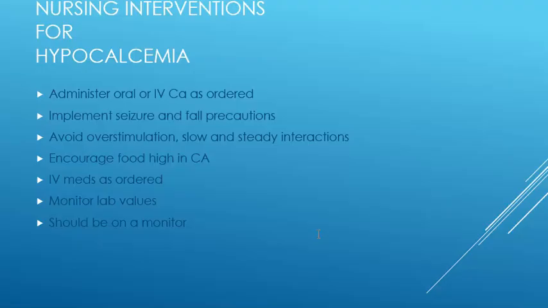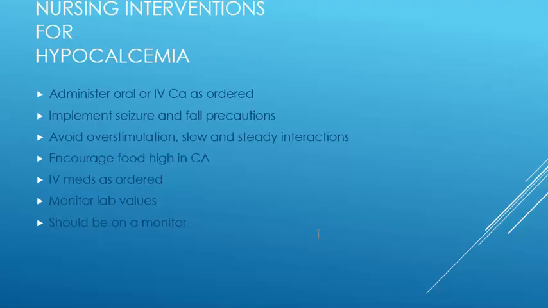You're going to do good education on increasing their calcium in their diet. Always monitor their lab values. As I've said prior, with these electrolyte imbalances, it's very easy to overcorrect. So if they're hypo, they very quickly can become hyper.